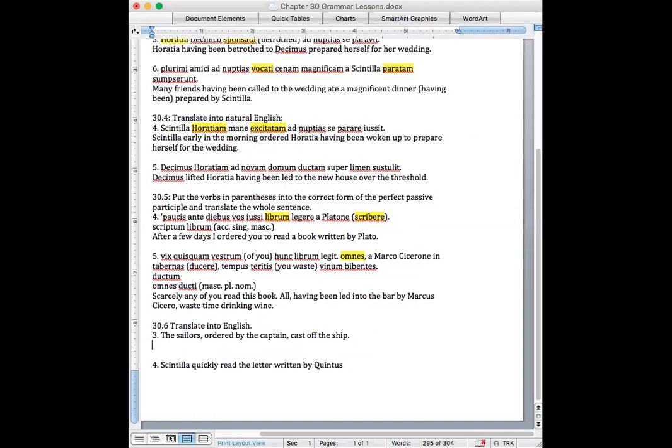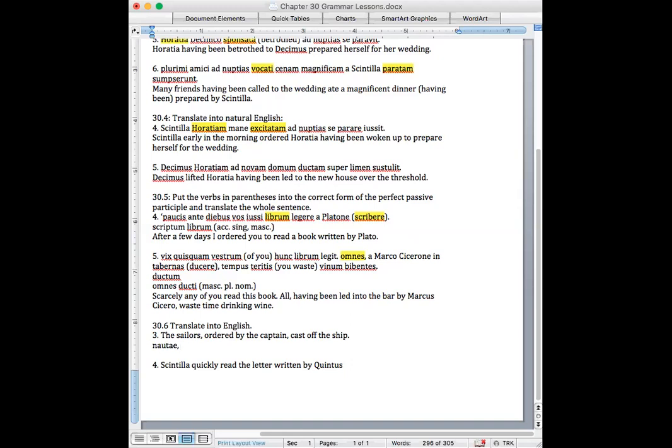So the sailors, ordered by the captain, cast off the ship. Cool. So what's our word for sailors? The nautai. Nautai looks like it's feminine, but it's not. Ordered by the captain, so we would need some form of iubeo.